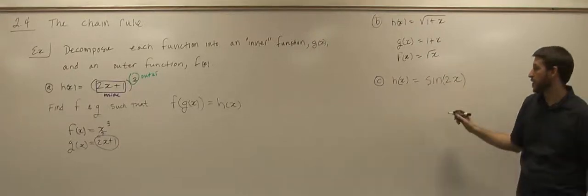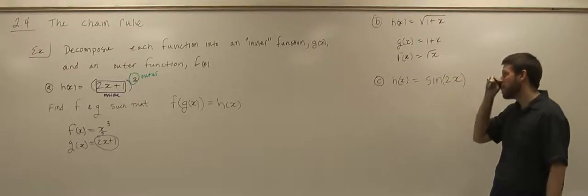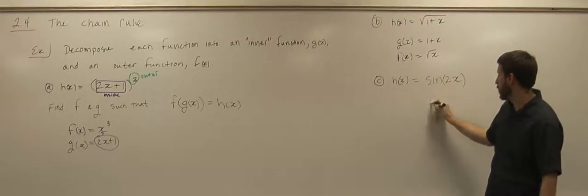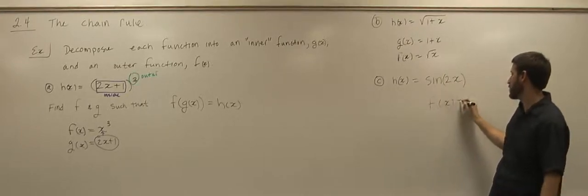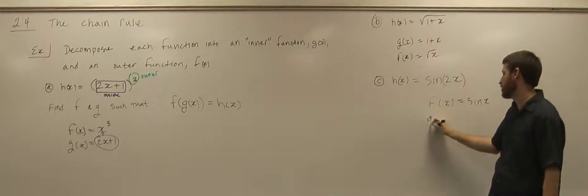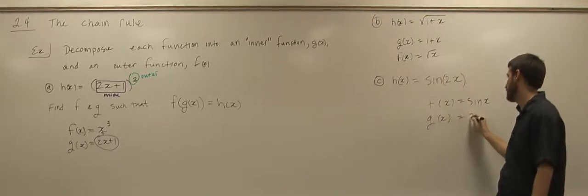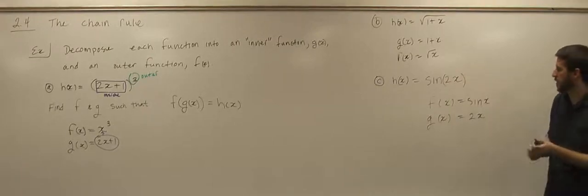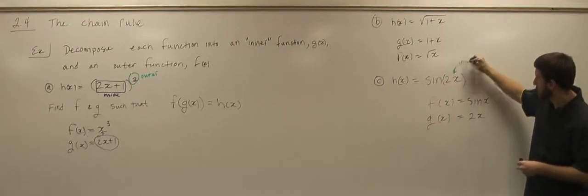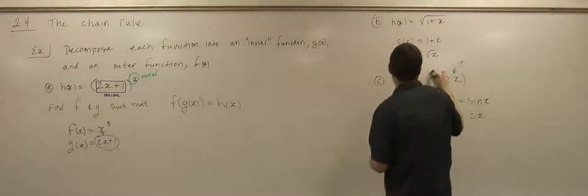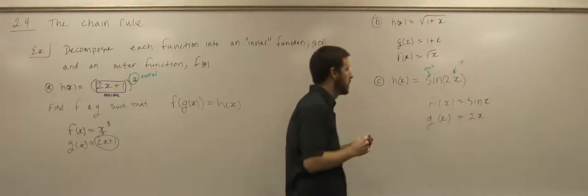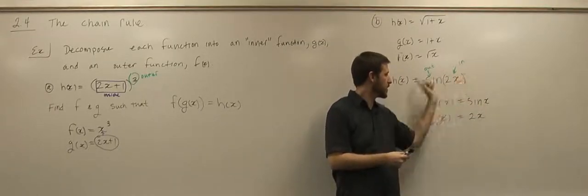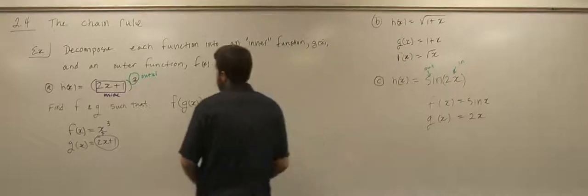So f of x is 2x and g of x is sine. Well, other way around from the way that I have it written. The outer function is sine. The inner function is 2x. Right, the 2x is inside. If I plug this in here for x, then I'll get this result back.